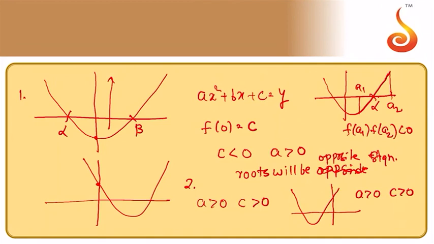So when this case comes, f of a1 into f of a2 is less than 0, then alpha lies between a1 and a2. So this is again an important point. Any root lies between a1 and a2 means f of a1 into f of a2 is less than 0. I wrote f of a, this can also be written as f of x.